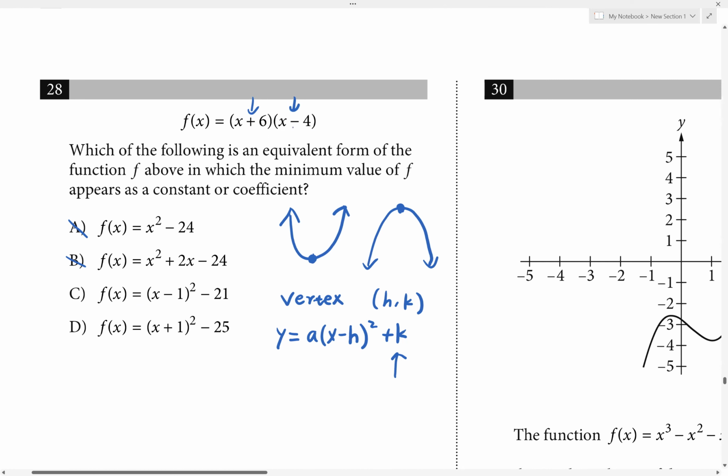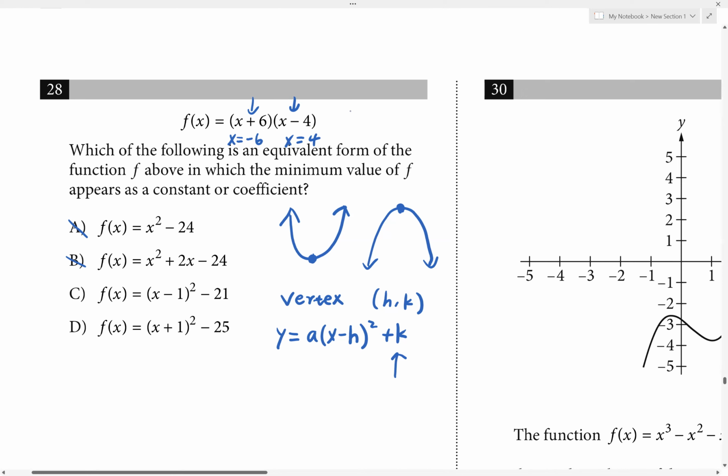So we set each factor equal to 0 and solve for x. We get x equal to -6 and x equal to 4. These are the zeros, or the x-intercepts. The vertex is always going to be right in the middle, on the axis of symmetry, so it should be the average of these two numbers.